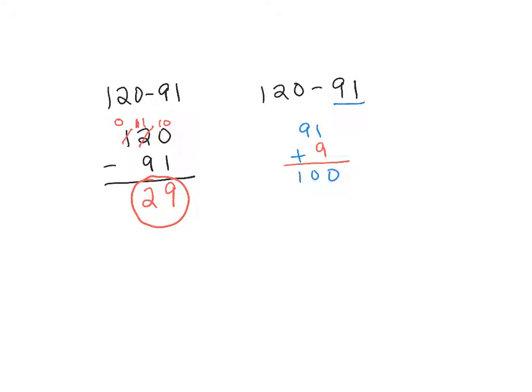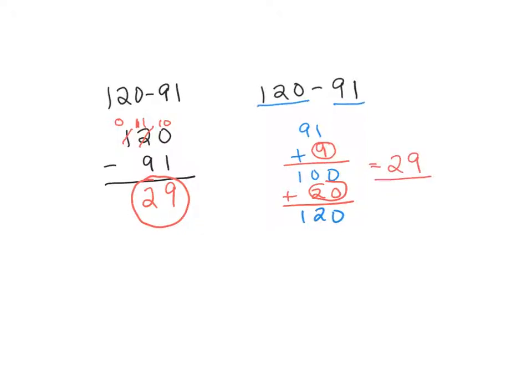So now I'm at 100 and I need to get to 120. How much more do I need to get to 120? Well, I need 20 more. So if I add 20 to that, I'm going to get my 120. And then all I have to do is put together the two numbers that I added together. 9 plus 20 gives me 29 for an answer.